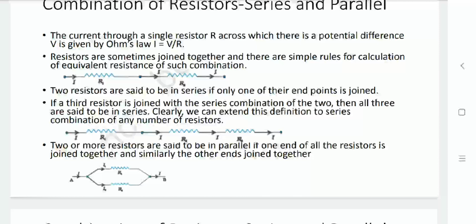I1 current is flowing through R1, I2 current is flowing through R2. From point B, both currents are combined and the combined current flows on again. So the total current I divides in two parts, I1 and I2. So I equals I1 plus I2.